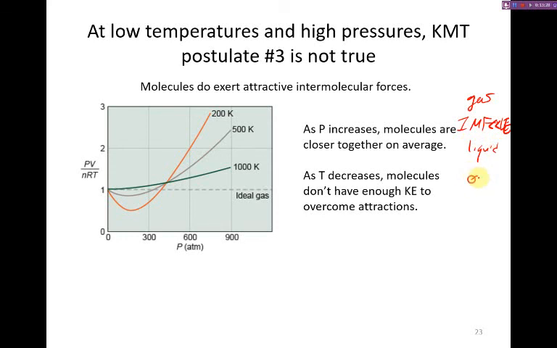For liquids, they're roughly equal. And for solids, the intermolecular forces are much, much higher than the kinetic energy. And so because we're decreasing the kinetic energy as we decrease the temperature, there's not enough energy to overcome the intermolecular forces, and they behave much more similarly to a liquid than they do a gas.